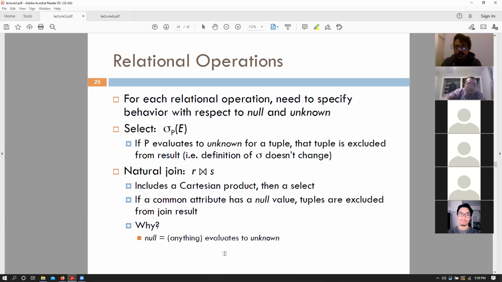So that was your arithmetic operations and your Boolean operations as to how null affects those. Now let's talk about other relational operations and what the behavior of null is in those operations as well. First, let's talk about the select operation.